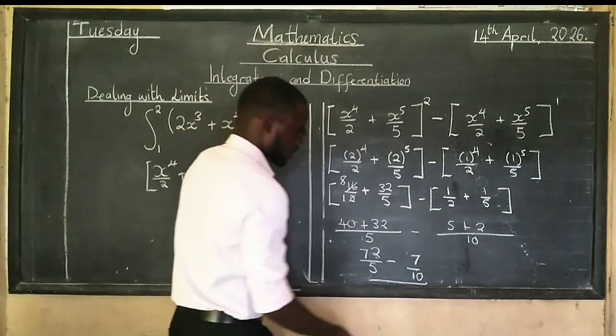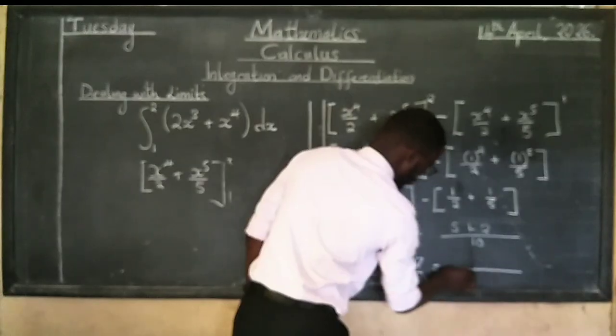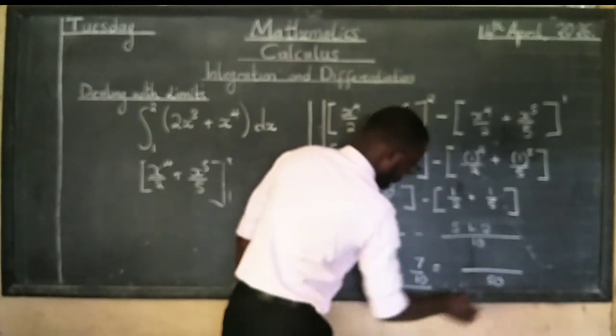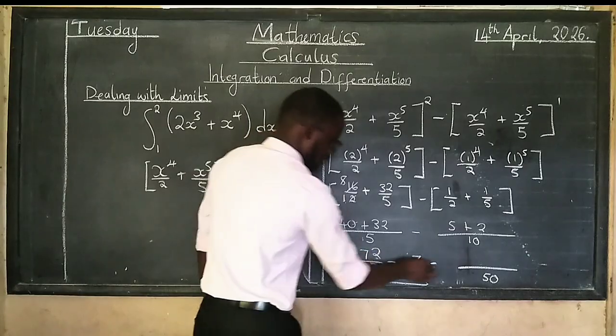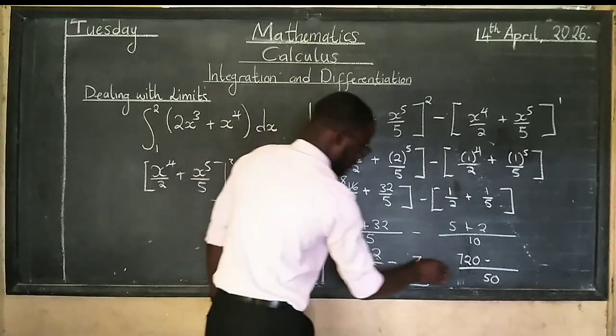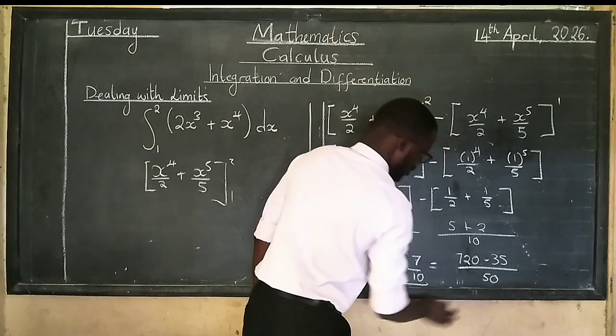So even here, using the same butterfly method, 5 times 10 is 50. Then 10 times this, 720, minus 5 times this, 35.